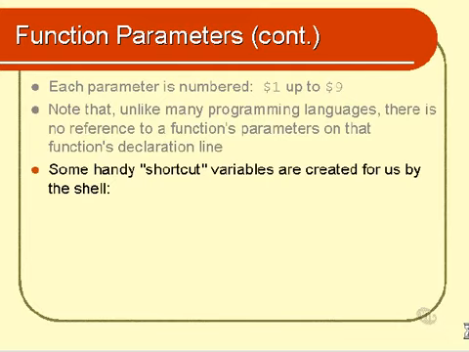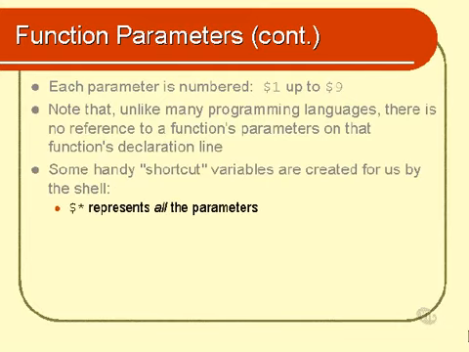There are some handy shortcut variables that are created for us by the shell, and they are as follows. $* represents all the parameters that have been passed in on the command line, so you can do things with all the parameters at once if you need to. And there may be hundreds of them. That is possible if, for example, the function was called with parameters being all the files in the current directory, and maybe a big directory.